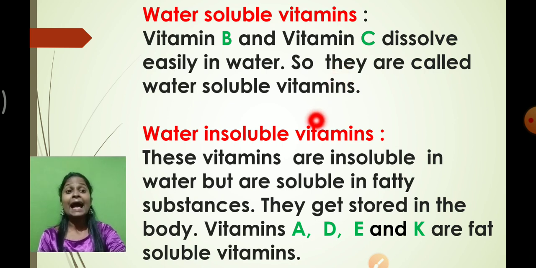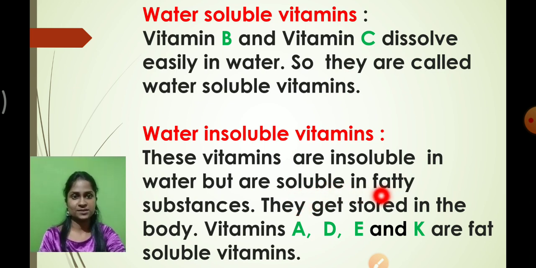Okay. And the vitamins which are not soluble in water, but are soluble in fatty substances. They are soluble in what? Fatty substances. So the vitamins which are soluble in fatty substances are called water insoluble vitamins or fat soluble vitamins. So who are the fat soluble vitamins?